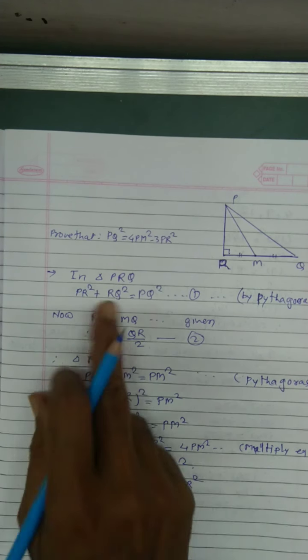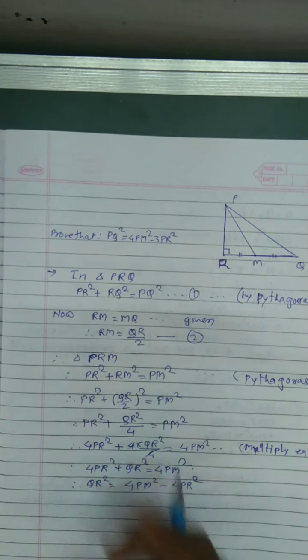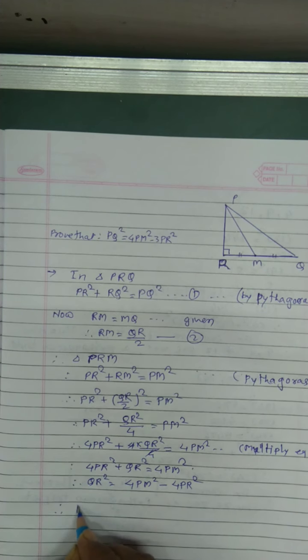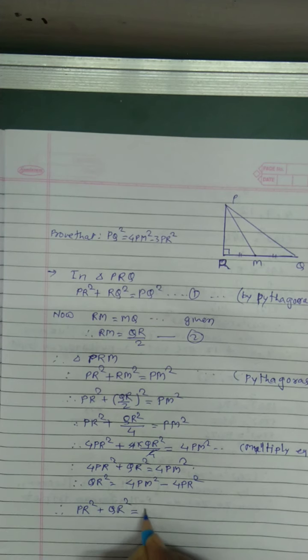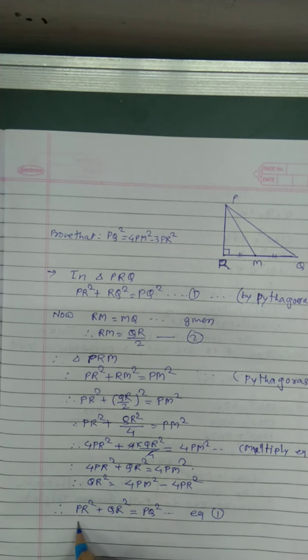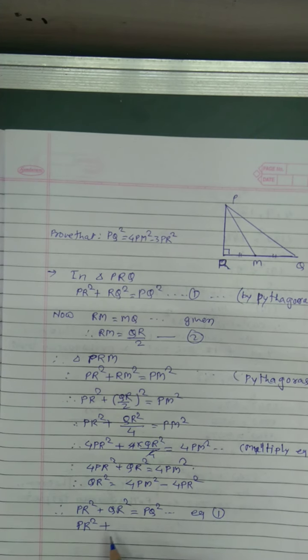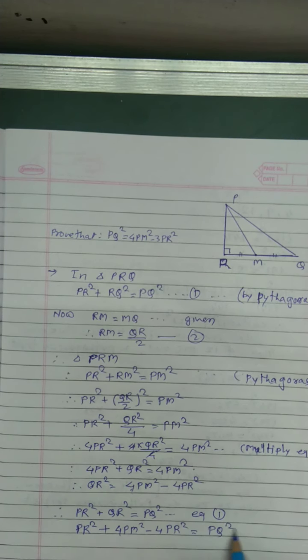Now substitute this value in equation number 1 because this is RQ, that is QR square. Hence PR square plus QR square is equal to PQ square by equation 1. Substitute this value here. We get PR square plus 4 PM square minus 4 PR square is equal to PQ square.